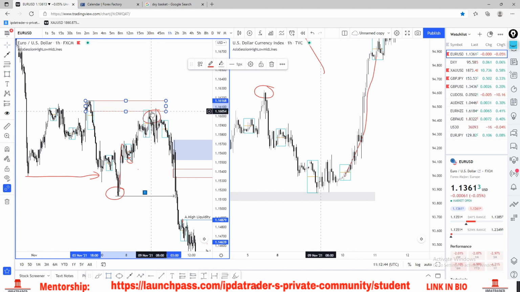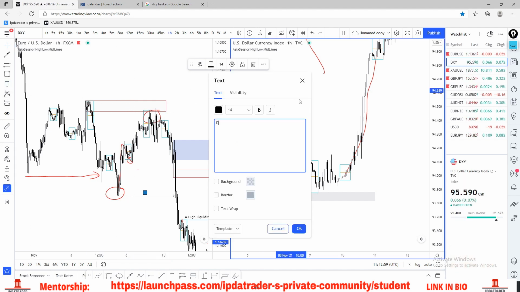Then you can take an early entry because you see that the DXY has officially shifted back up, so you can expect that the Euro USD will follow, because most of the time, and we're going to be writing this over here, DXY sets direction, Euro USD, forex, whatever you want to call it, follows that.